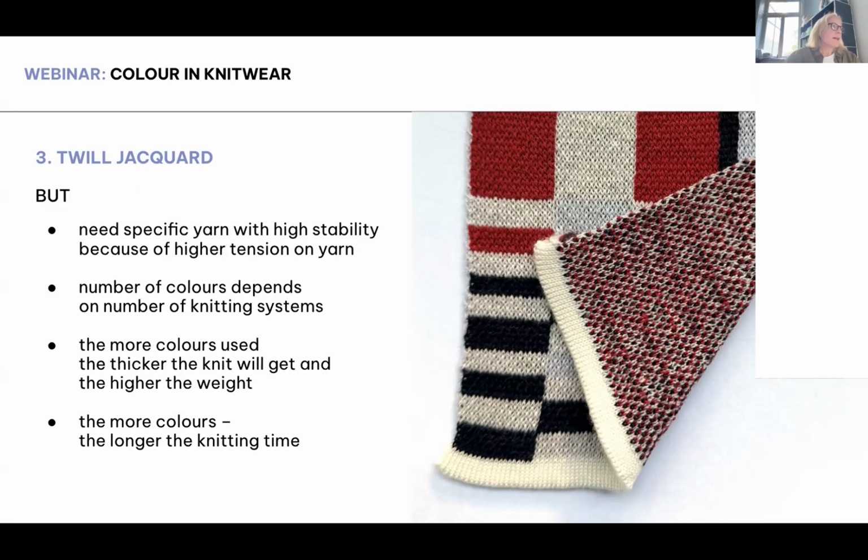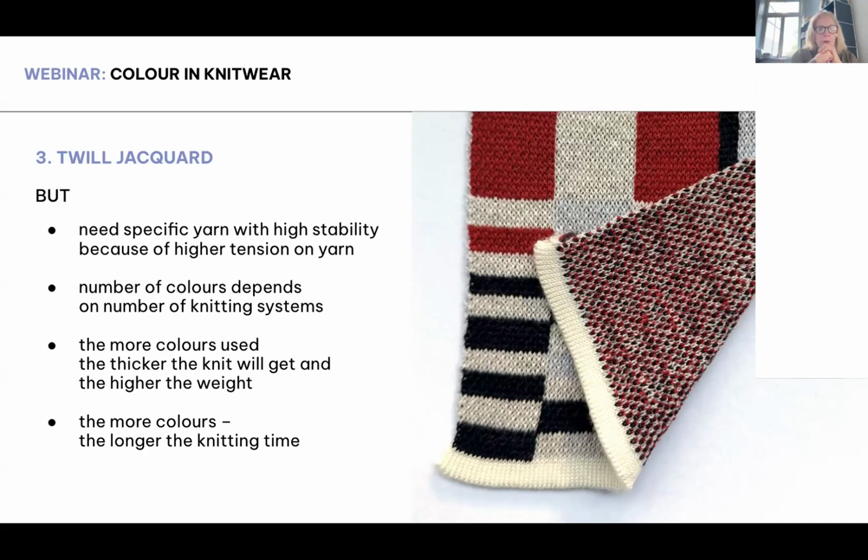But you need to take into account that the more colors you knit, the longer the lead time is, so the longer the knitting time is. That is something very important to know. The knitting machine we work with has 3 systems, which means it can carry 3 threads at one time.